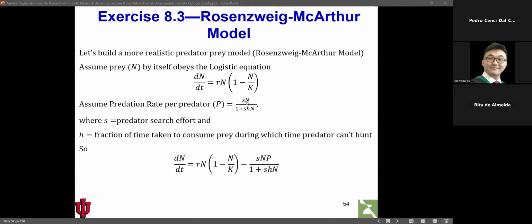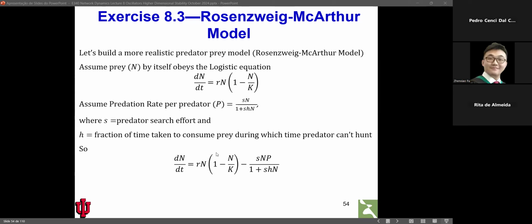Then you have S N over the time that is available to predate. The prey equation is the logistic equation, which has to do with the carrying capacity of the environment if there is no predator.